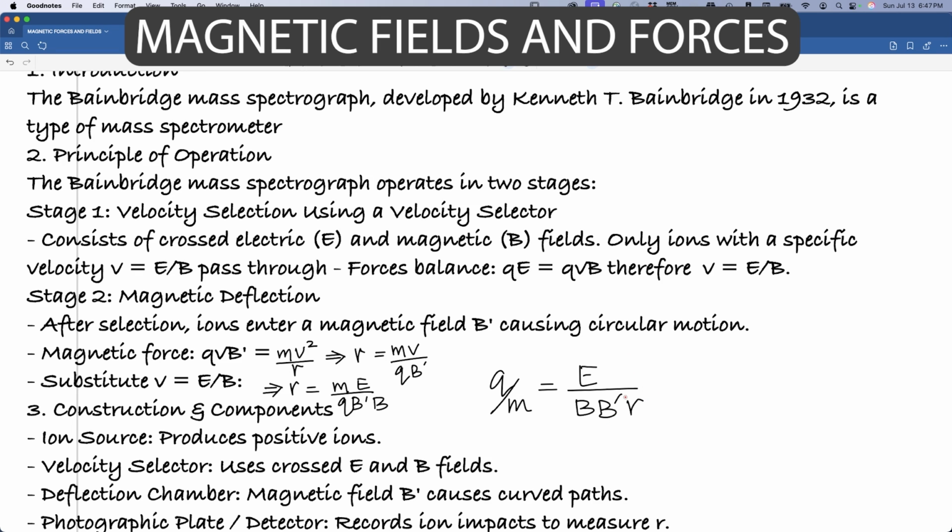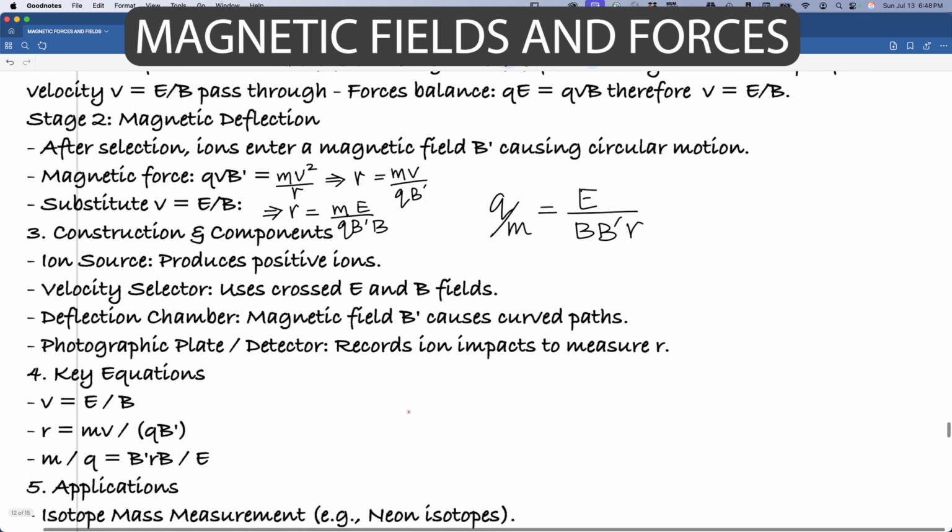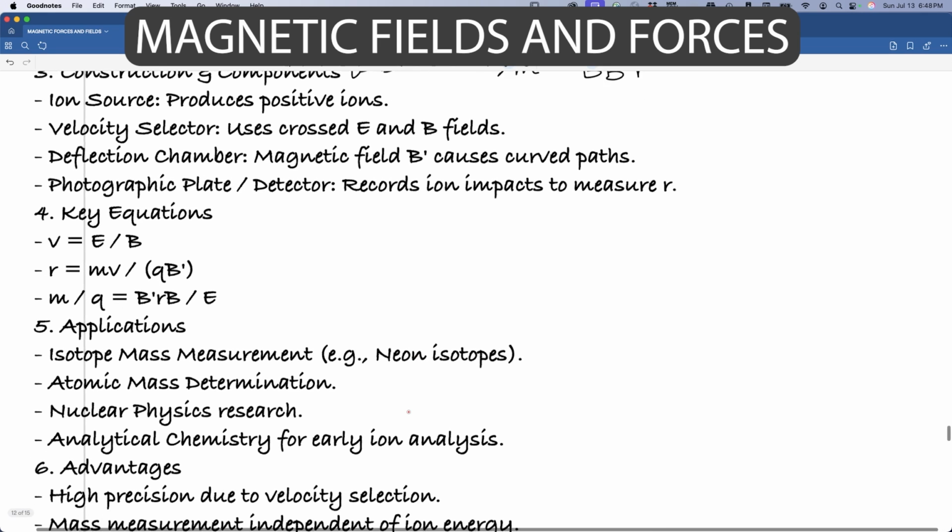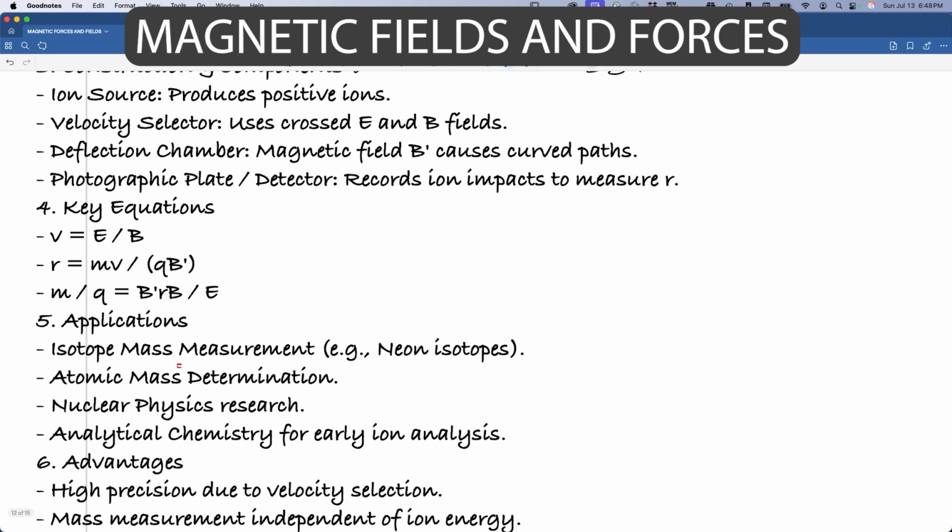It shows that smaller the radius, bigger the charge by mass ratio. By knowing these numbers, we can actually calculate the charge by mass ratio of the isotopes or the charged particles. So that is very important. Isotope mass measurement, atomic mass determination, nuclear physics research. So all these are the applications of the spectrograph.